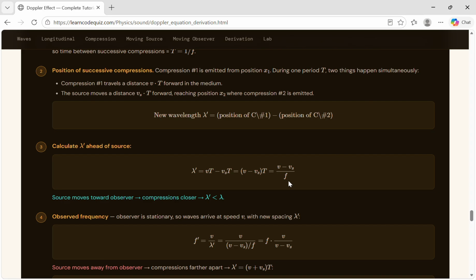Now V minus Vs is which one? V minus Vs is where the source is moving away from the observer or towards the observer. You see, a very simple way to understand it.